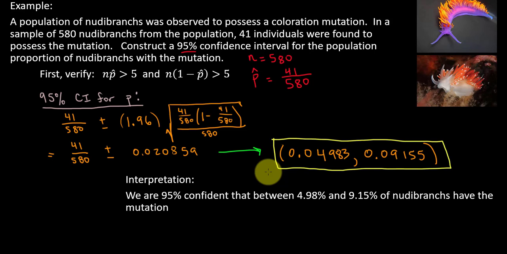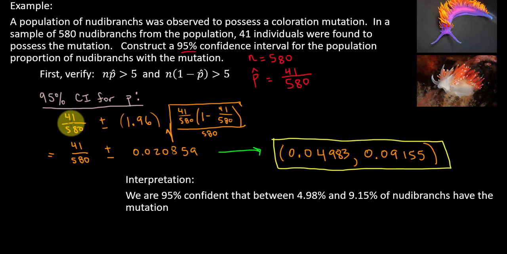And I think it's worth considering the interpretation of these values, in which, remember, p, the population proportion, is unknown. We don't know what percentage of nudibranchs are going to have this mutation. It's pretty challenging to find out. However, a sample was collected and it was observed that 41 out of 580 in that sample had the mutation.